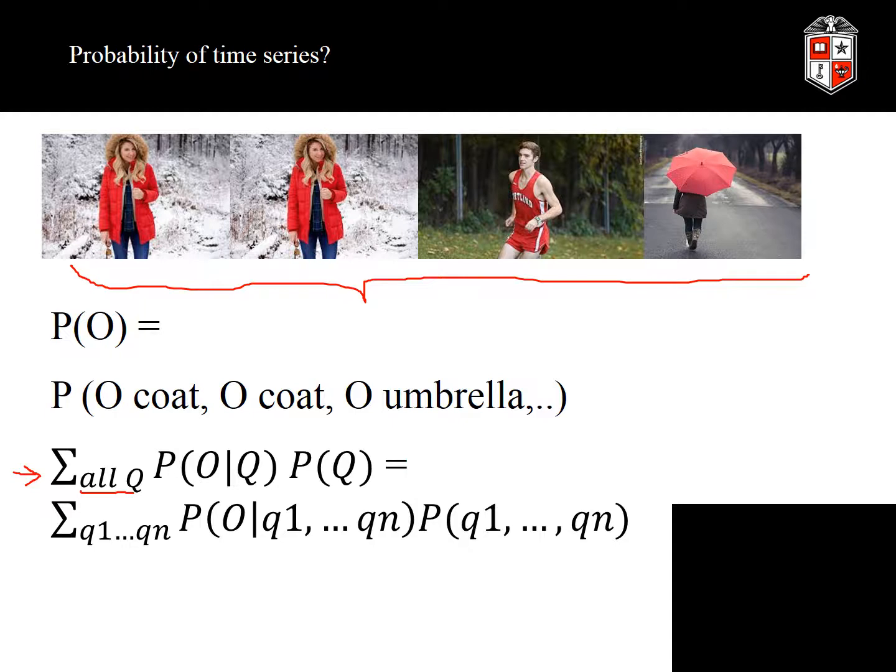What will be the probability of observing a coat, and an umbrella, and so on and so forth? This is closer to what the actual real problem will be modeled as in Markovian models and being able to solve.